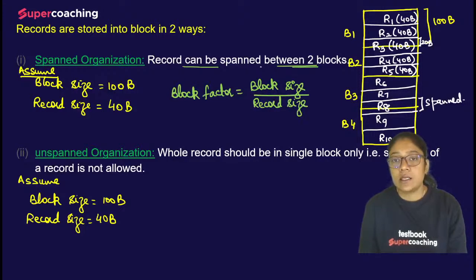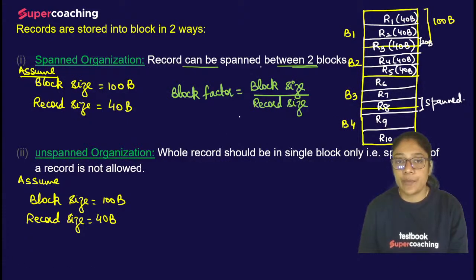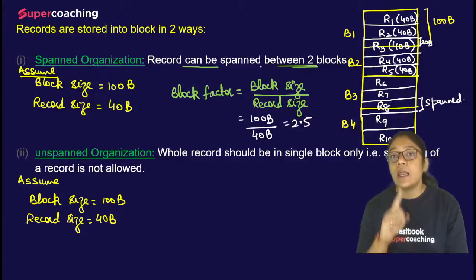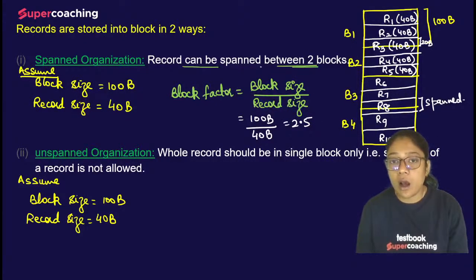If we look at this assumption, we have a block of size 100 bytes and a record of size 40 bytes. So this comes out to be 2.5. This indicates that in one block we can store 2.5 records.